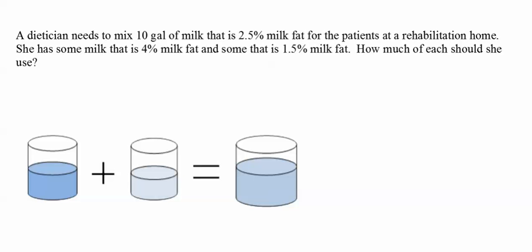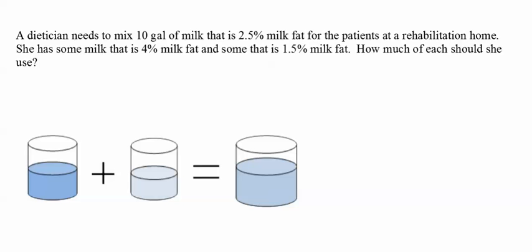So what helps is usually the table, or like a drawing. What we do know is that she has some that's 1.5% and some that is 4%, and at the end of the day, it has to all be 2.5%.